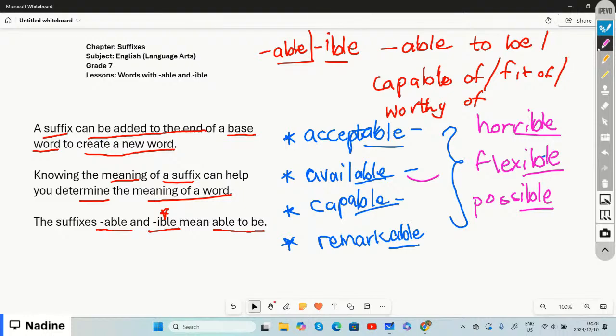All right. And remember, we said able means either you're able to be, or you're capable of something, or you're fit of something, or worthy of something. That is what able means.